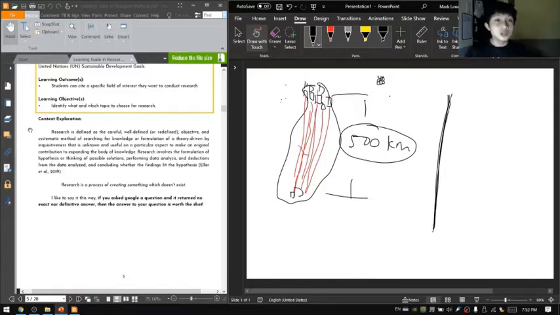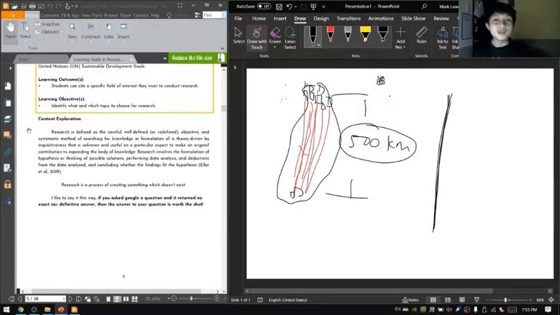So the only sense of that is you find answers to the questions, but in a manner which is objective and systematic. When we say objective, you have the goals. You know what you are looking for, you know what you're going to do.